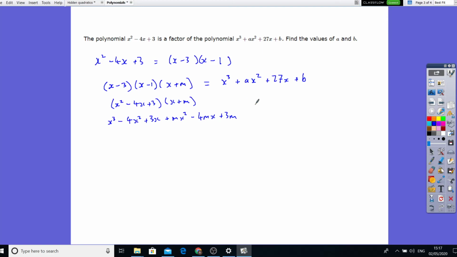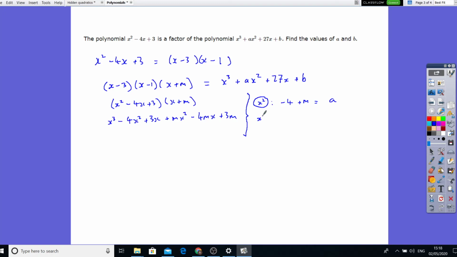So now let's just match all the, well, the x cubes are equal, so that's all right. Let's match all the x squares. On the left hand side, I've got minus 4 x squares, and what else? I've got plus m. Okay, and on the right hand side, I've got a lots of x squares, so I'm just leaving that at the moment.